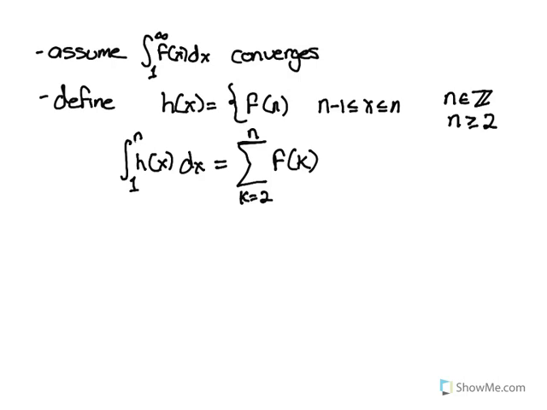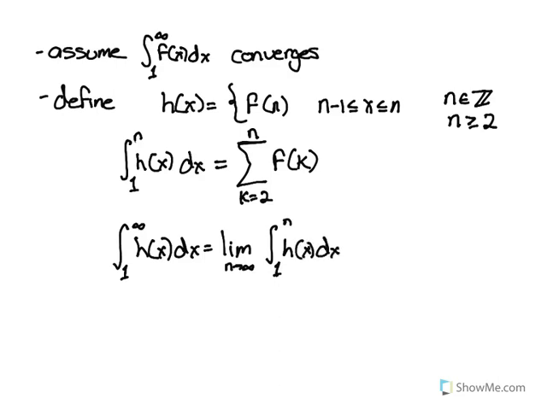And just like before, we're going to take the limit to get the improper integral. So the improper integral of h of x dx is equal to the limit as n goes to infinity of the integral from 1 to n of h of x dx, which is equal to the series starting at k equals 2 to n of f of k.